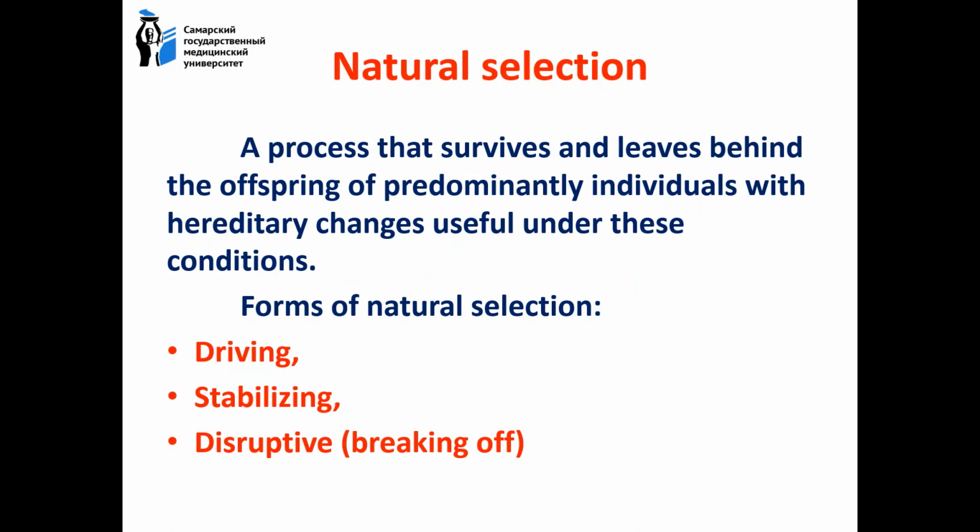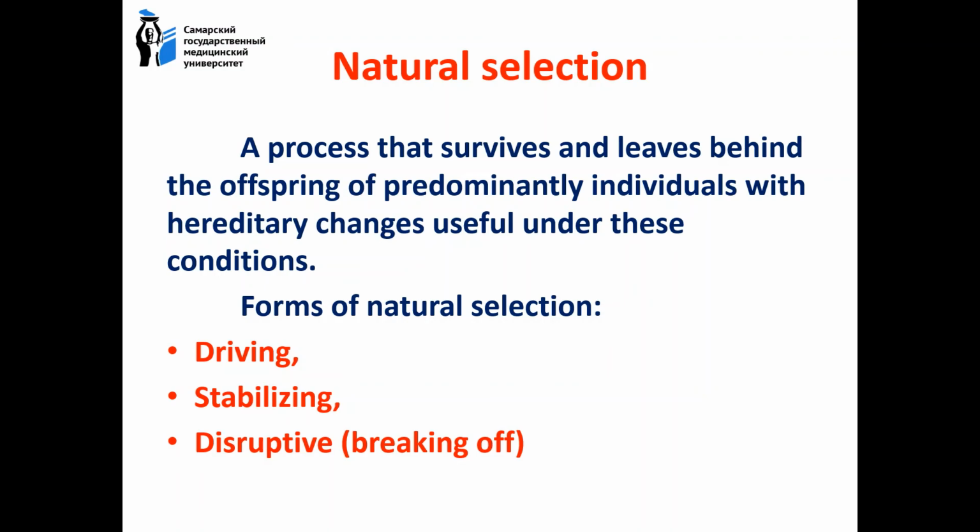At first, driving selection acts with a directed change in environmental conditions. Individuals with traits that match the changing environment gain benefits. The next one, stabilizing natural selection, is directed against individuals with extreme deviations from the average norm, in favor of individuals with an average severity of the trait, aimed at maintaining a previously established average trait.